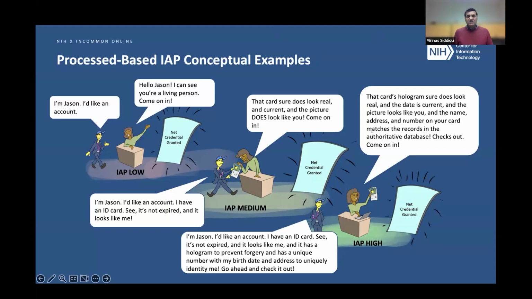This slide illustrates process-based identity assurance profiles, or IAP, using simple real-world interactions. As with NIST IAL standards in the previous slide, this shows how REFEDS IAP identity confidence increases based on the checks performed. You could think of IAP as the process used to establish identity, while IAL reflects the resulting level of confidence.